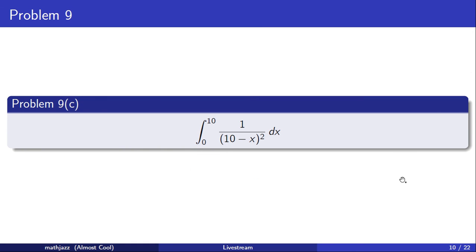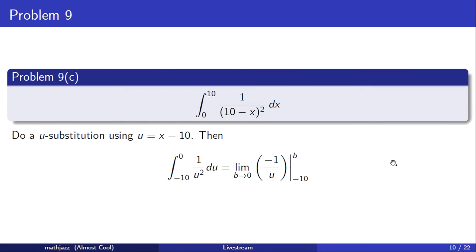Okay, so we have here another integral, and we have to figure out if this converges or diverges. So we're going to do a u substitution. Using our u substitution, we're going to get this power. We use the power rule on it.